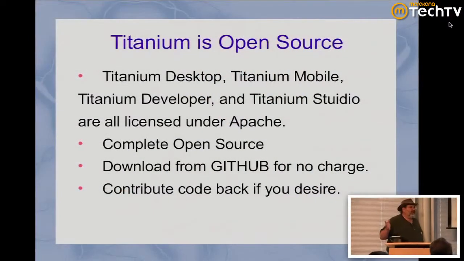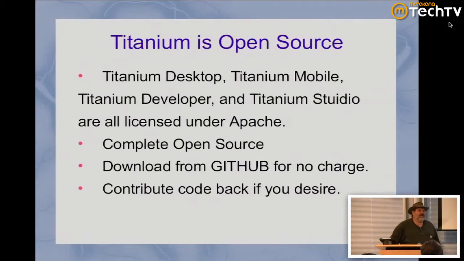We're full open source, and we use open source products mixed in with our stuff. So we have third-party open source. We support desktop and mobile. Our studio, developer, everything is all open source.